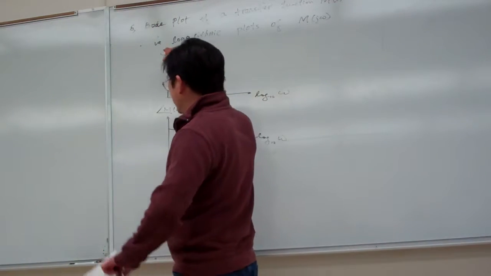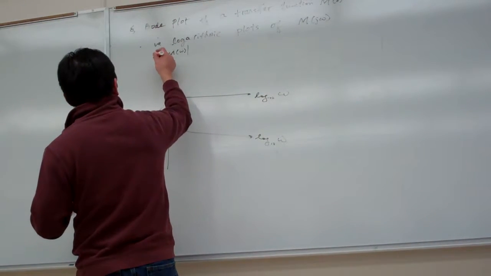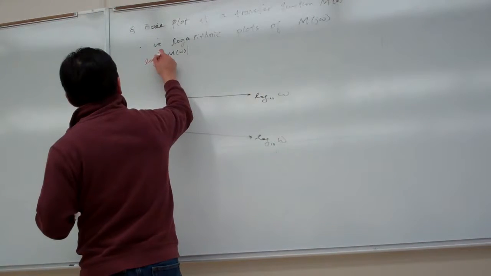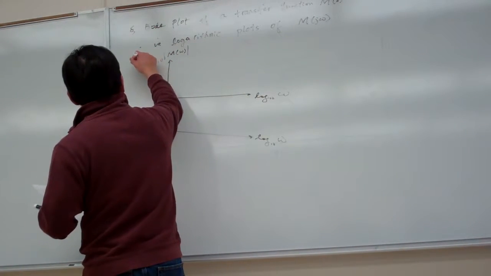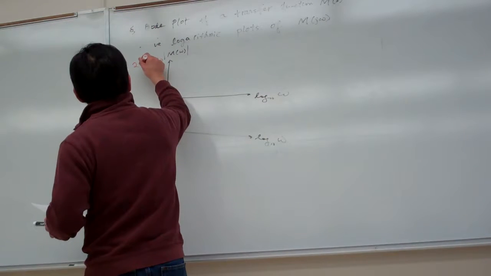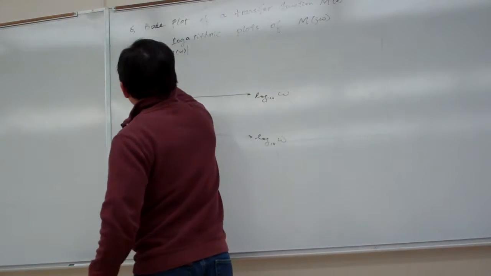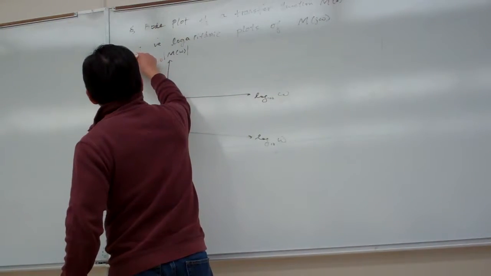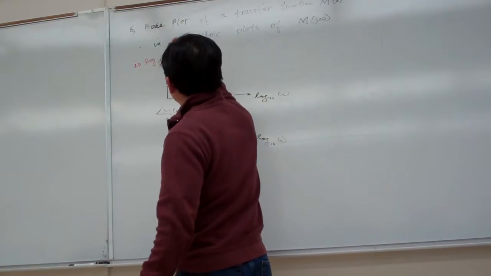So here we like to take the log scale as well. Here we take the log scale on base 10, and then we multiply by 20. Okay, we basically multiply 20 with the log of M.